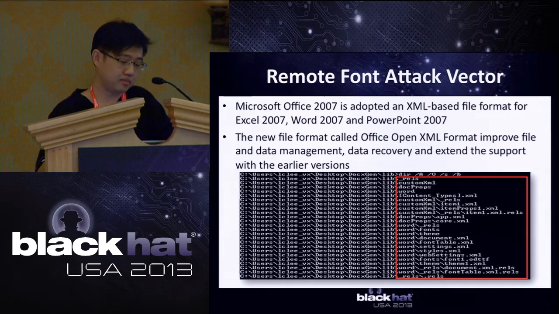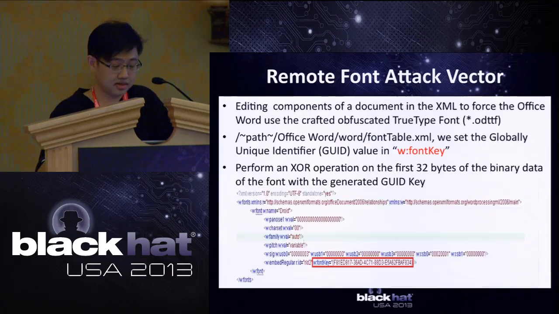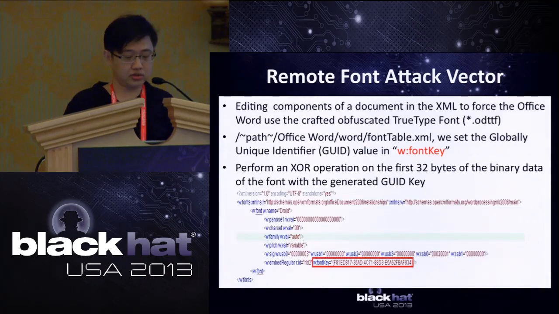And as soon as the Microsoft document is renamed and unzipped, the Office file has adopted an XML-based file format. And this new file format is able to improve file and data management, data recovery, and extend the support with earlier versions.